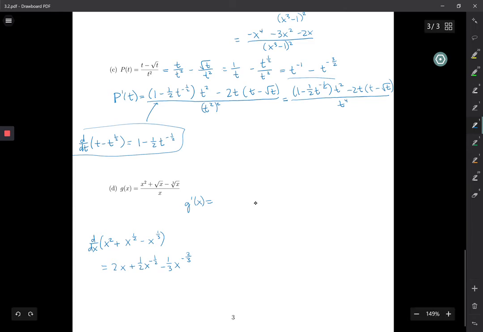G prime would give you 2x plus 1/2 x to the minus 1/2 minus 1/3 x to the minus 2/3, times just x, the denominator, minus 1 times the numerator, so x squared plus root x plus the cube root of x.